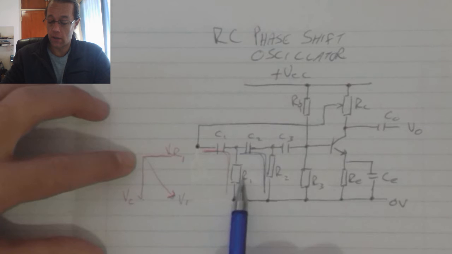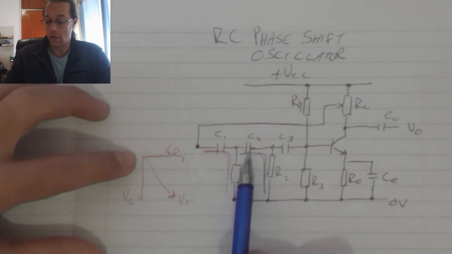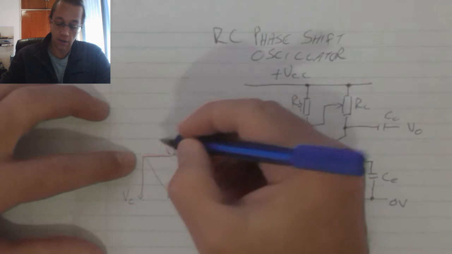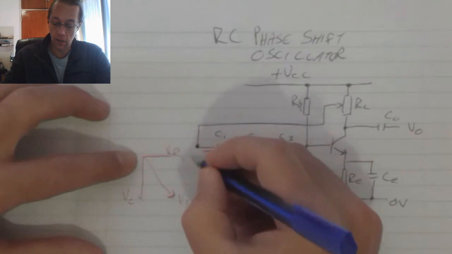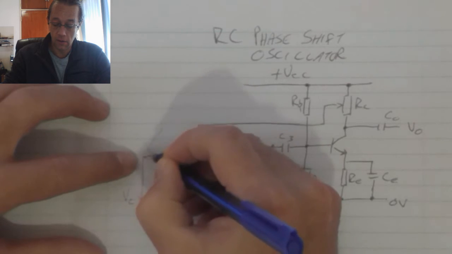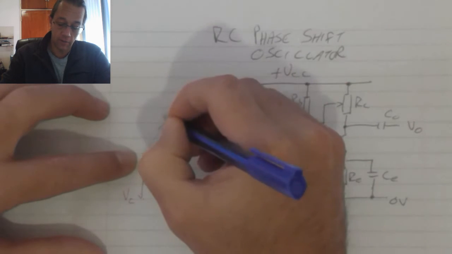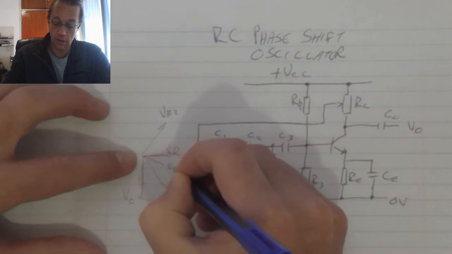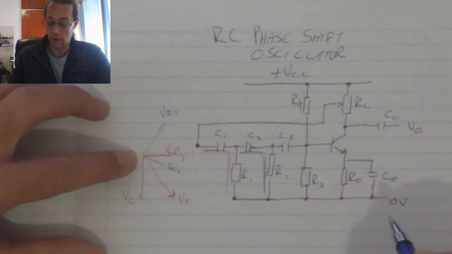With R1, C1, R2, C2 and R3, C3, the exact same is going to be applicable, where I'm going to have VR2 over there and VC2 over there.